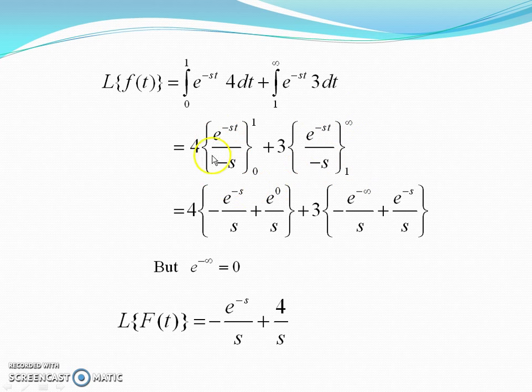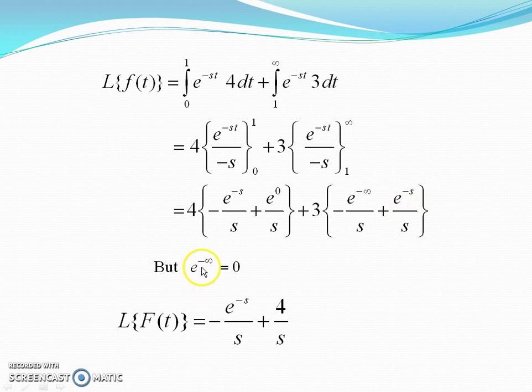So in the first bracket, when we put the limits of t from 0 to 1, we get 4 in bracket minus e raised to minus s upon s plus e raised to 0 upon s. Then plus 3 as it is, in the second bracket, when we put the limits of t from 1 to infinity, we get in bracket minus e raised to minus infinity upon s plus e to the power minus s upon s.